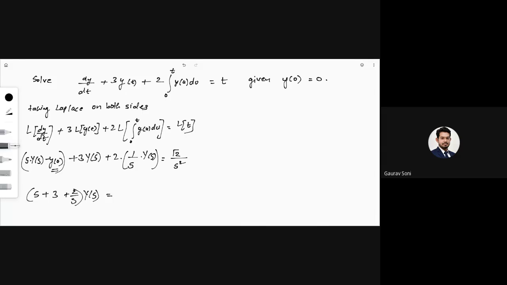On the other side, 1 upon s square, which gives me capital Y of s is equal to, if you cross multiply, s square, s square plus 3s plus 2.